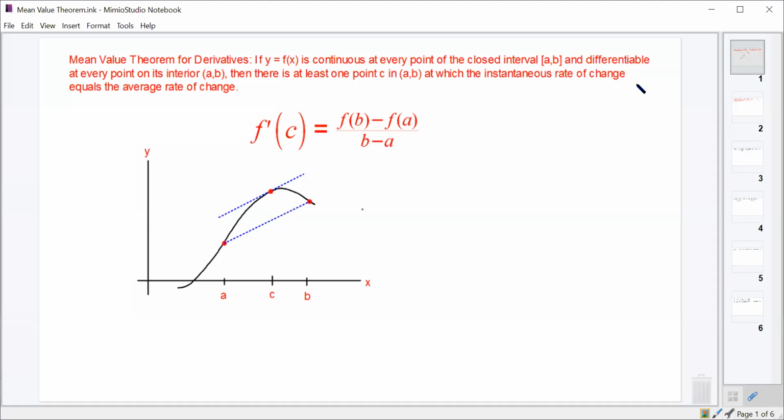So today we're going to start off with a fairly simple theorem. This is called the mean value theorem for derivatives.